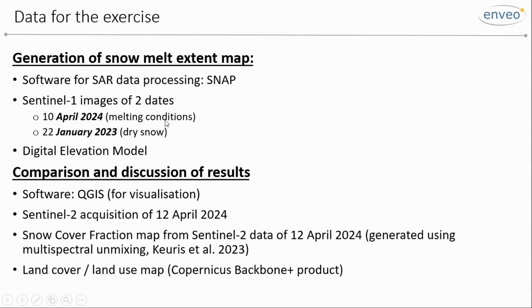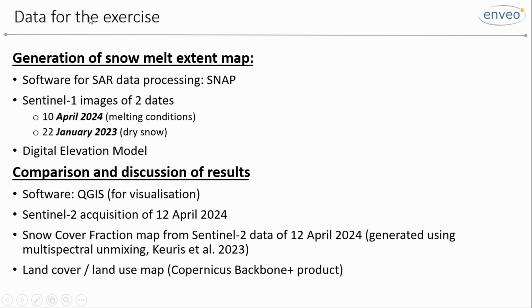For this date, we want to generate the wet snow map, and we choose the January 23 image as the dry snow map. We know that this is only one image, but calculating multiple averaged images would take too much time.